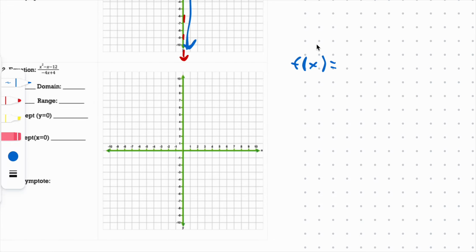We're going to say f of x equals, and our two numbers that add to -1 and multiply to -12 are -4 and 3. So we have x minus 4, x plus 3. And then we can factor out a -4 out of the denominator. So we get -4 x plus 1, right? Or sorry, x minus 1. Jeez, I'm sorry about that, y'all.